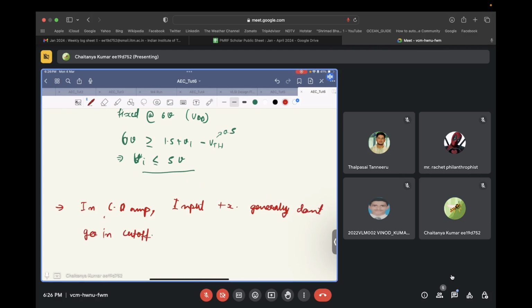This is because your gate and source voltages are following each other, and hence the VGS going below the threshold voltage is extremely rare. Even if there is some Rs at the source side, the limit that you get from that will be much, much higher as compared to the limit that you get from the other transistors going into triode. Till the time this limit is reached, your other transistors would already have gone into triode. So this condition generally you don't need to evaluate in a common drain amplifier. So you can keep it as a guideline while solving the questions.